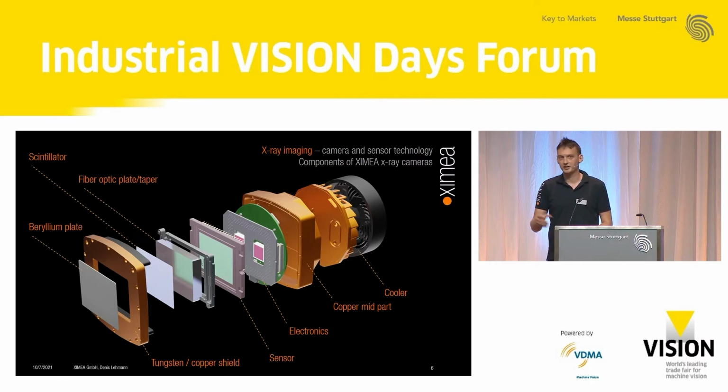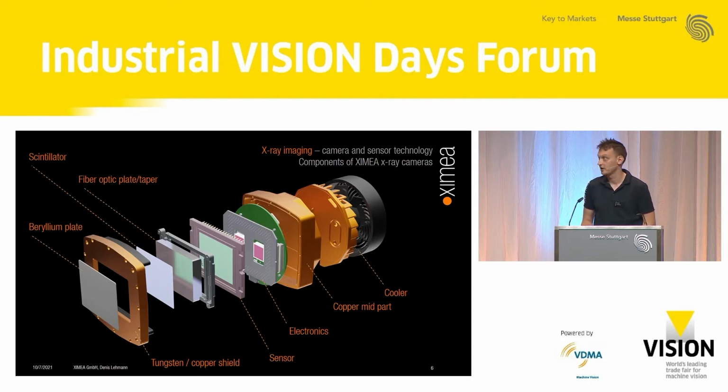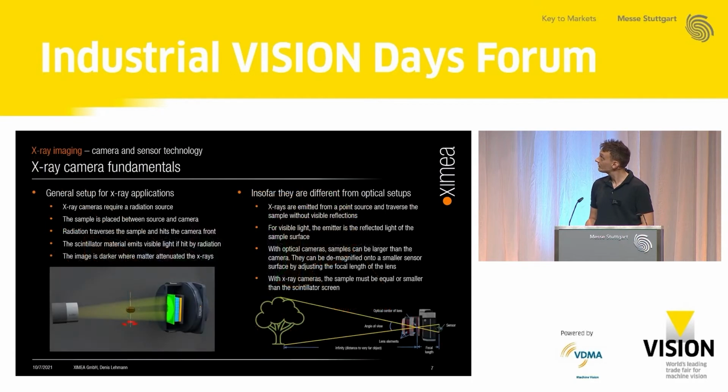They have the impression that they can just take a camera, point it at whatever object, and we'll see eventually through them. And that's not the case, because the applications for X-rays are fundamentally different to optical setups.